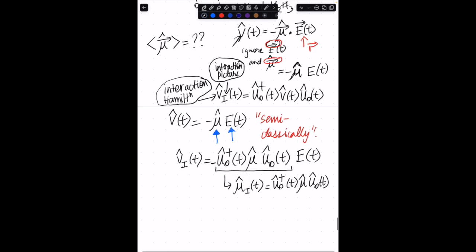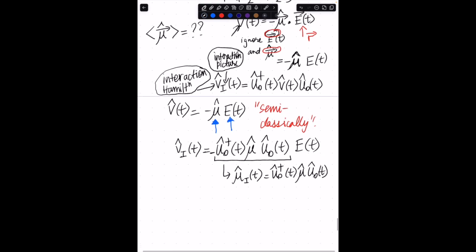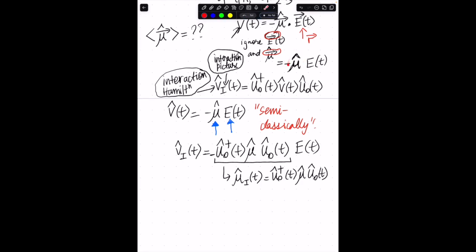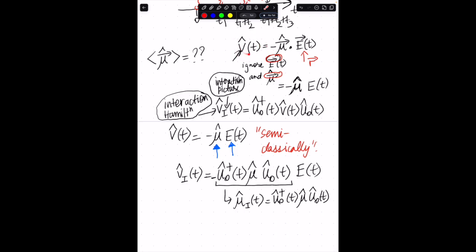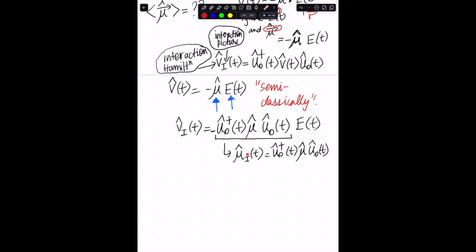And just a word of caution: it is quite obvious that the dipole operator, as I previously defined in the Schrodinger picture, or in the definition of the interaction Hamiltonian, or the perturbation, is independent of time. So I needn't put this I at the bottom. A lot of people will drop this I because it is implicitly assumed that if the dipole operator has time dependence, it is in the interaction picture.